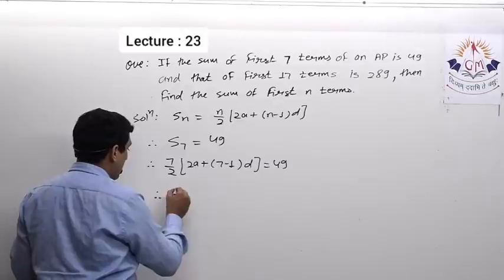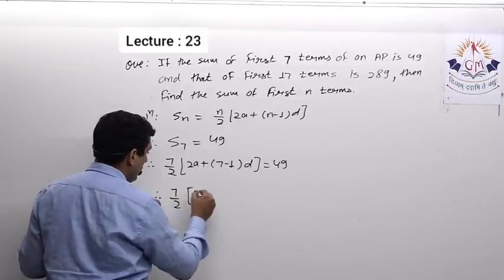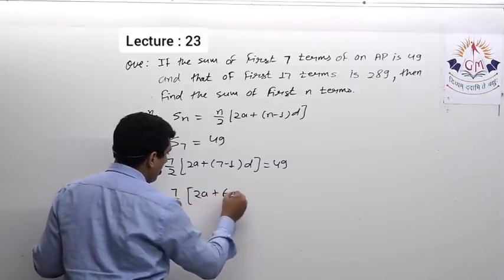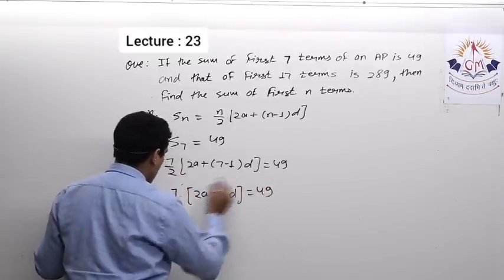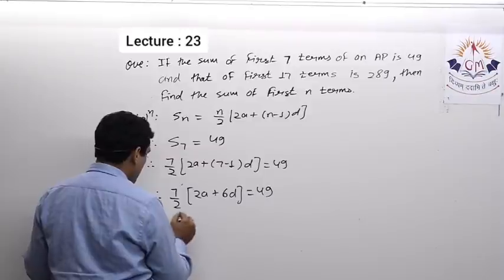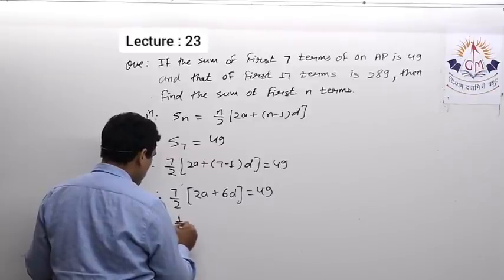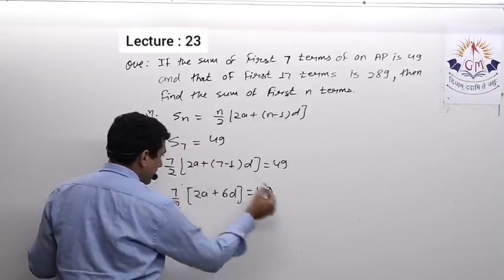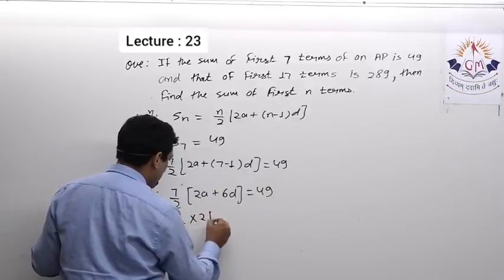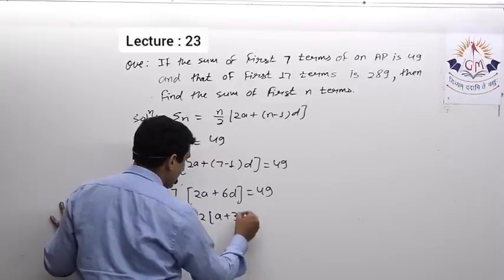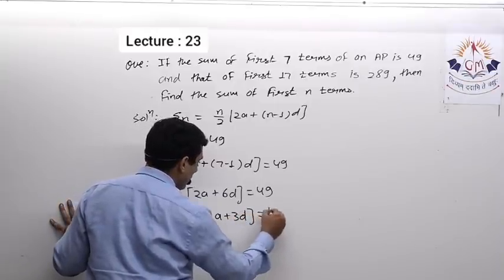So 7 by 2, now 2a plus 6d is equal to 49. Okay, I can cancel this 7 with this. So 1 by 2. I take this 7 on that side, and here also I am taking 2 common, so a plus 3d is equal to 49 by 7.